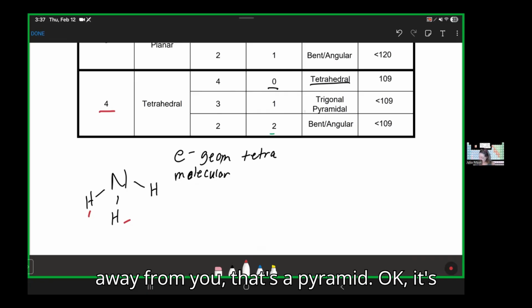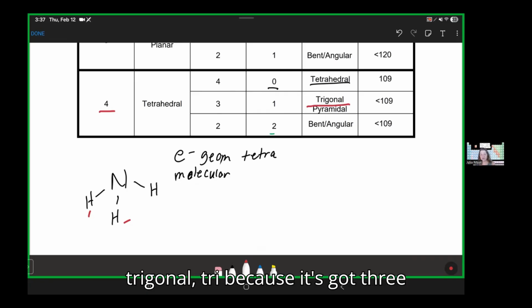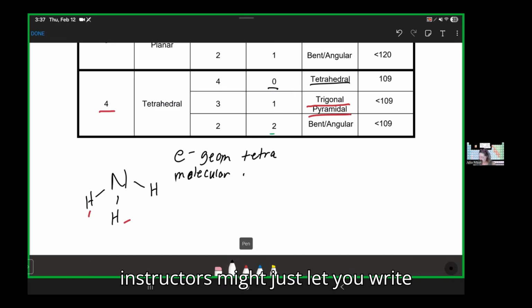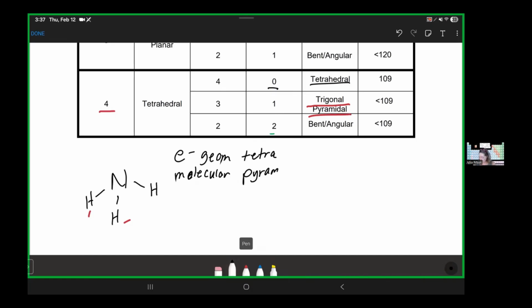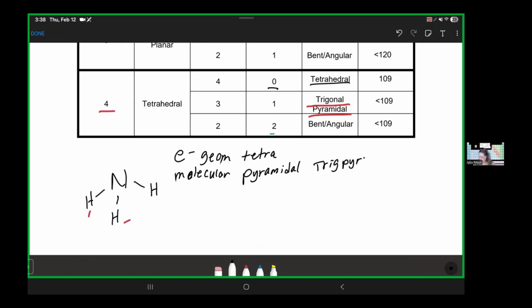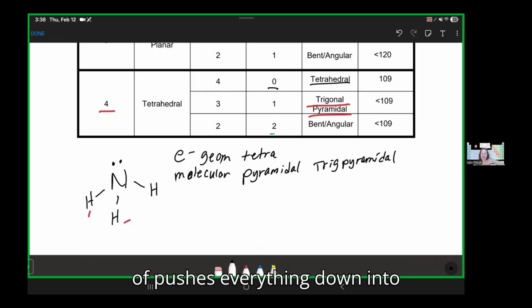It's trigonal, because it's got 3 things bonded to it, pyramidal. Some instructors might just let you write pyramidal, or they might want you to write trigonal pyramidal. But you can tell because that lone pair kind of pushes everything down into a pyramid shape.